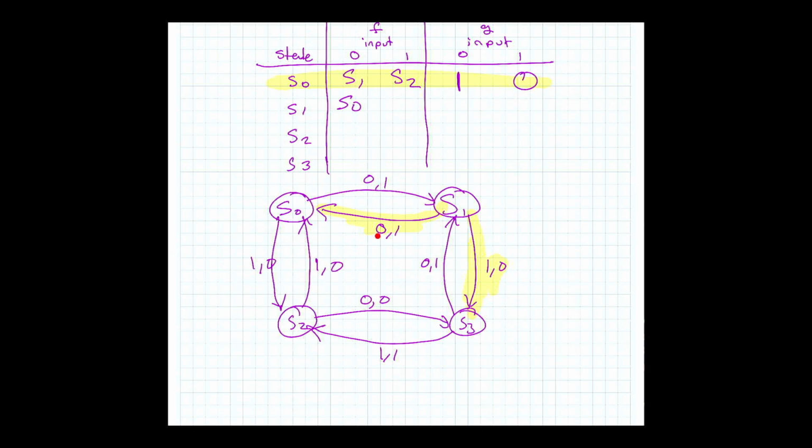And then input 0, output 1, so you put a 1 right here. Then this one is S1 to S3. So this is S3. And it says input 1, output 0. So that's a 0.